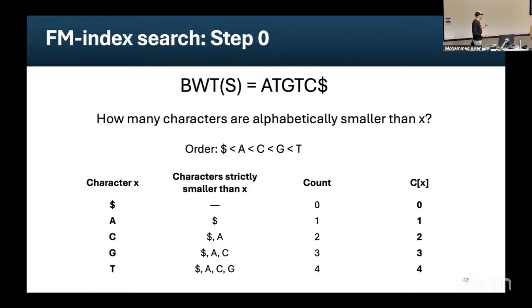We just record how many characters are smaller. The smallest character is the $ sign, the end of the string symbol, and there are no characters strictly smaller than it. For A, there is the $ sign. For C, there are the $ sign and A. So just like that, we built the counts table.